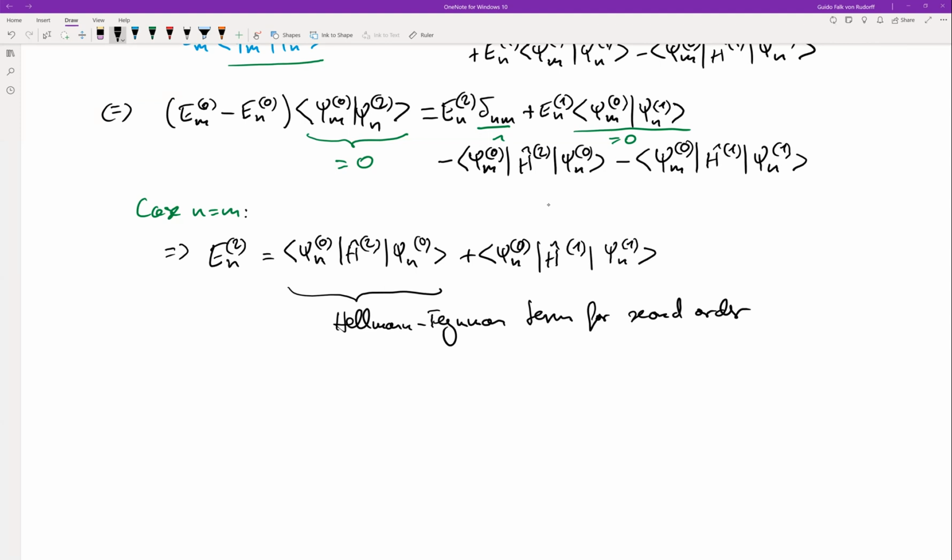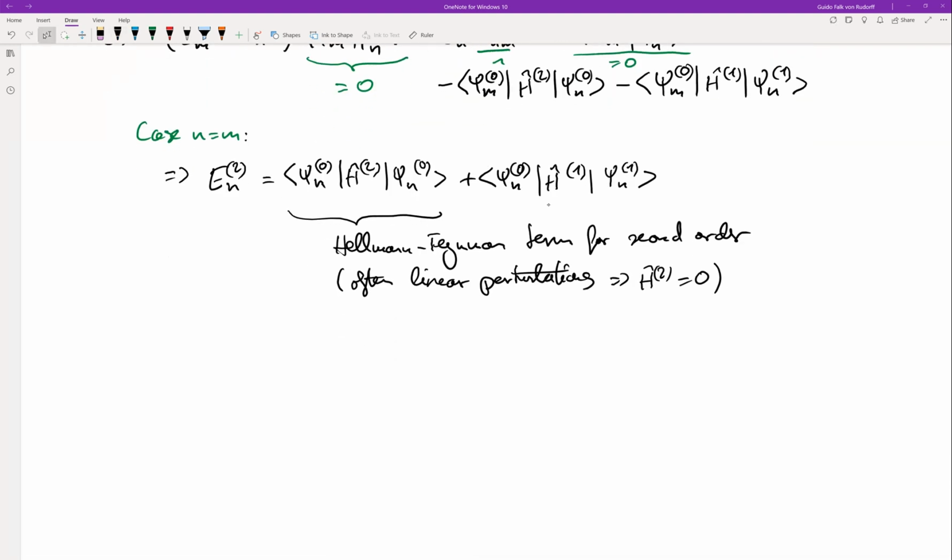And if you were to use linear perturbations, then of course this would cancel out. So in practice, often you have linear perturbations, and then of course this thing would be 0.